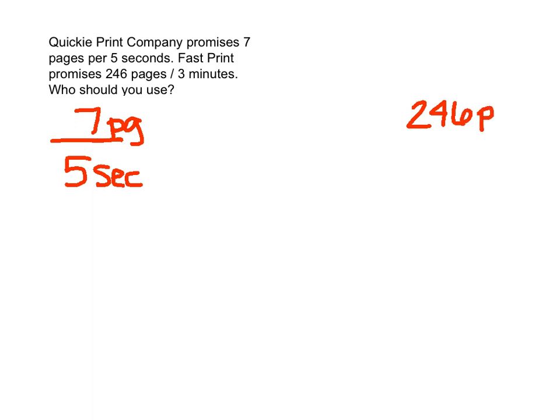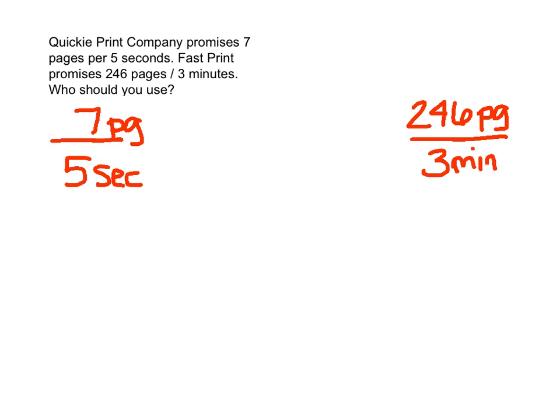The next one, another comparison. You go to get copies printed. Quickie Print Company promises 7 pages per 5 seconds. 7 pages in 5 seconds. Okay, and that's from Quickie. But the other guy, Fast Print, says we'll give you 246 pages in 3 minutes.